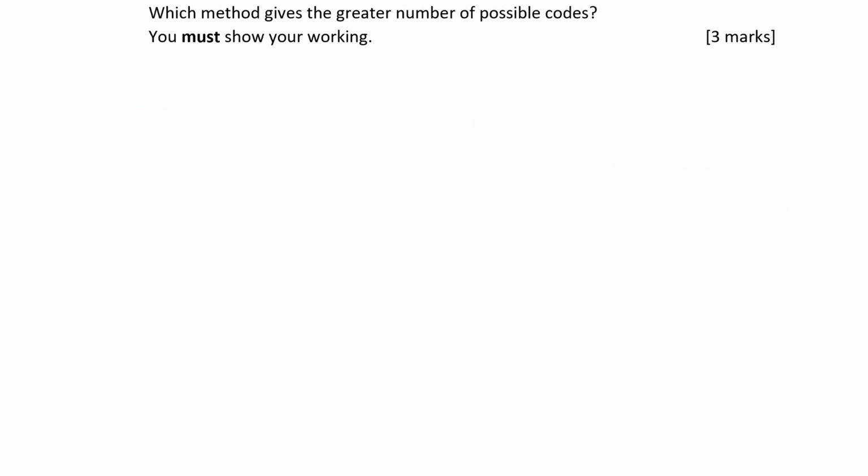Now method B, what have we got here then? Use 4 digits in order, even, odd, even, odd. Do not use the digit 0. Okay, so what are my choices? For an even number, I have got 2, 4, 6, or 8, so that's 4 choices.